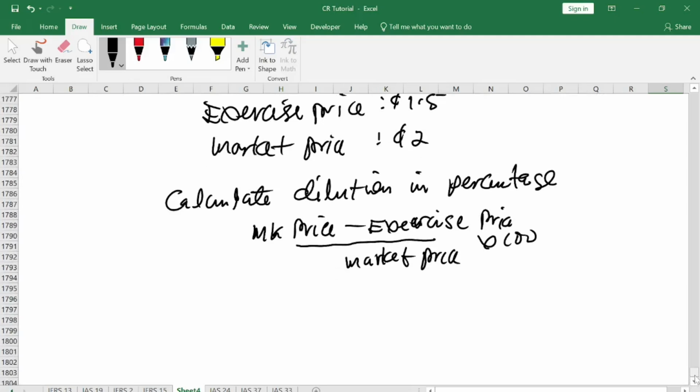So you pick the market price, which is 2 cedis, minus 1.5, all divided by the market price, which is 2, times 100%. What you will have here is 25%.